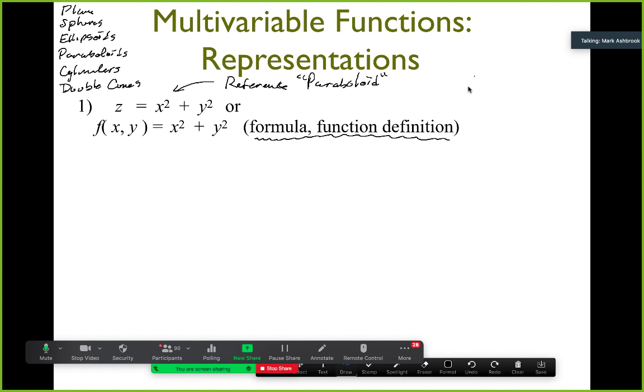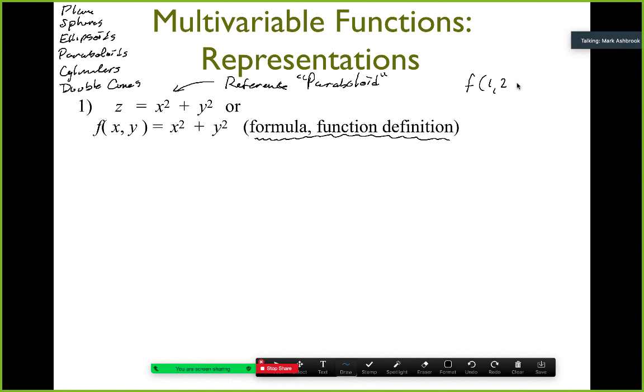So what does f of 1, 2 mean? You plug in 1 for x and 2 for y. Does it mean do something? That's a vague question.